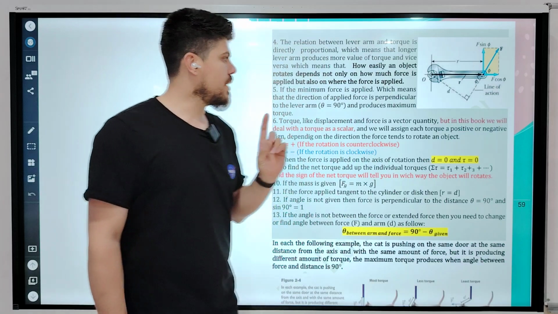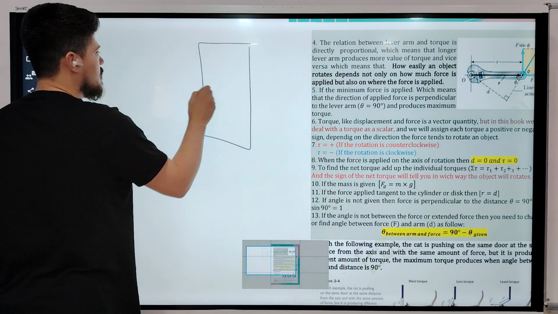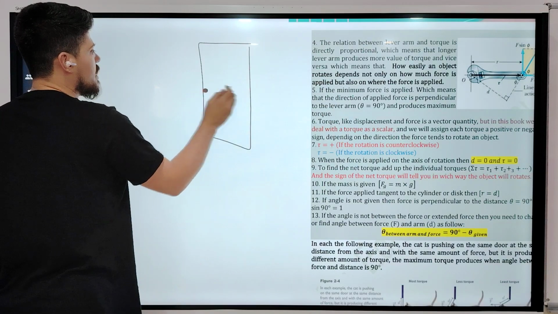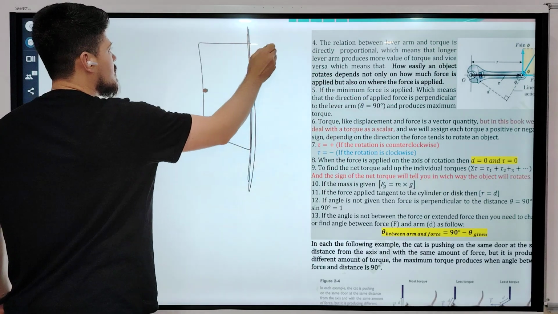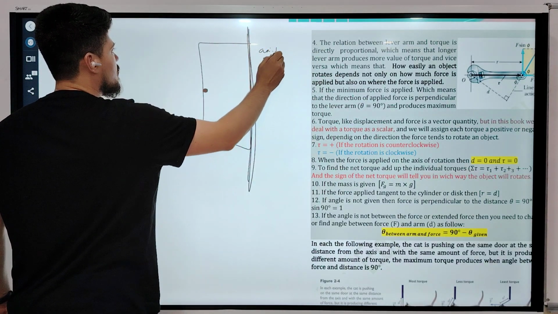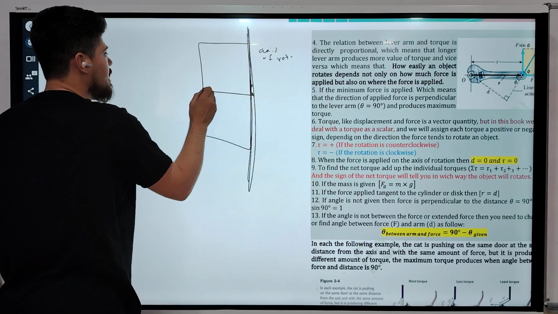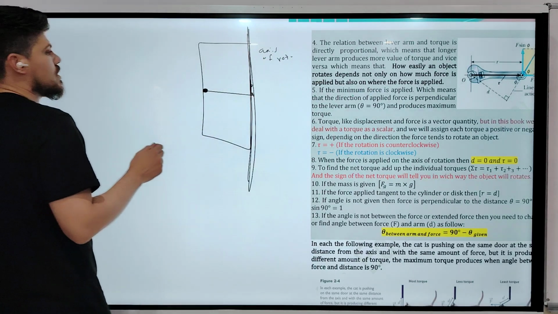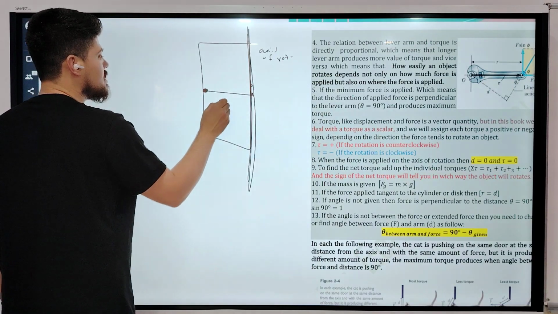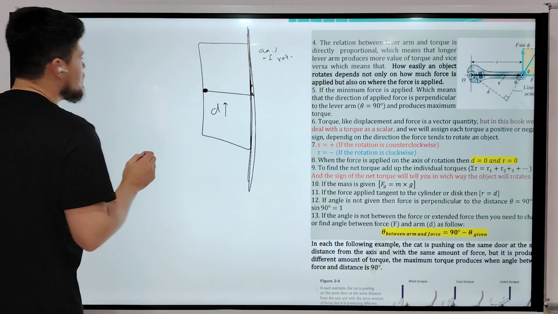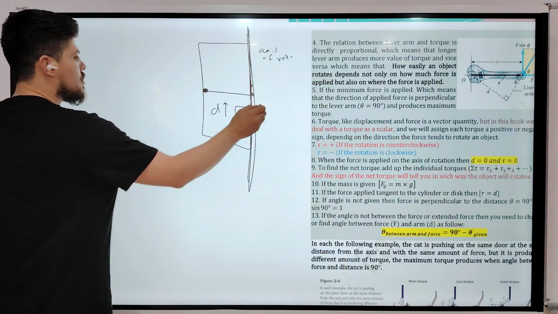Assume that this is the door. This is the hinge, the axis of rotation. Why is the handle located farthest from the axis of rotation, at the edge of the door? To increase the distance. When the distance increases, what happens to the force? Force decreases at constant torque.